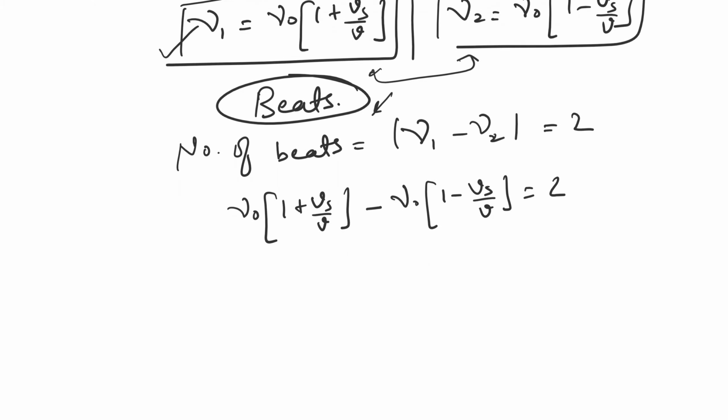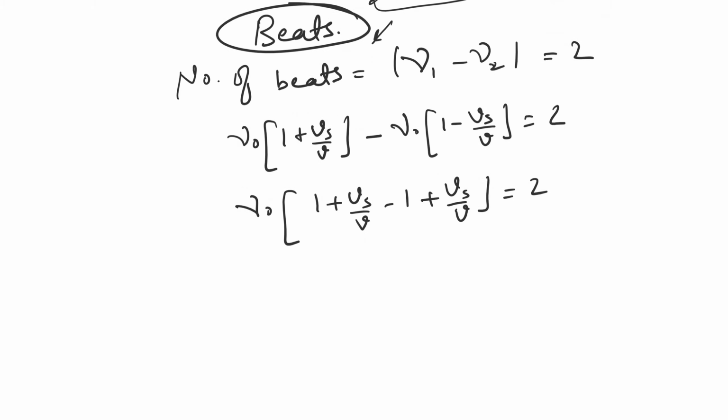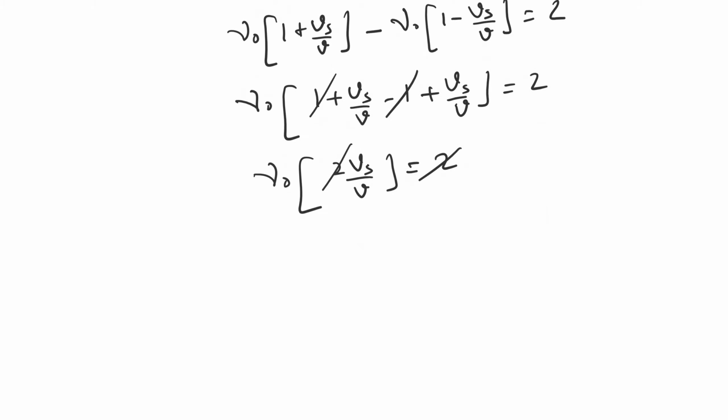Let's take nu naught as common. 1 plus vs by v minus 1 plus vs by v is equal to 2. 1 and 1 get cancelled, and you will have 2 vs by v equal to 2. 2 and 2 get cancelled. So from here we get vs as v by nu naught.